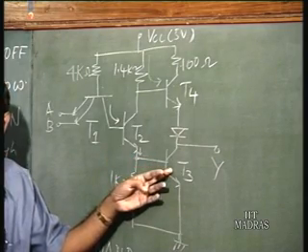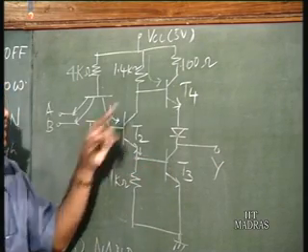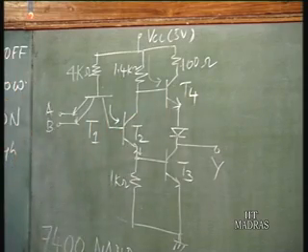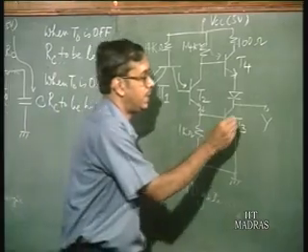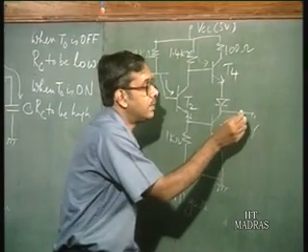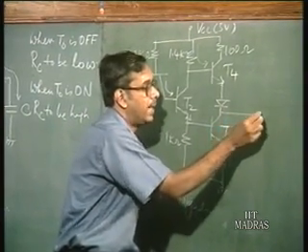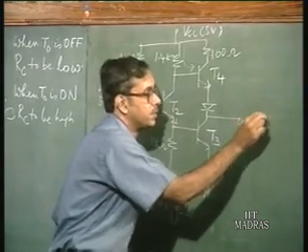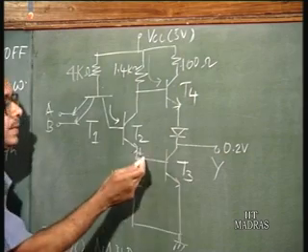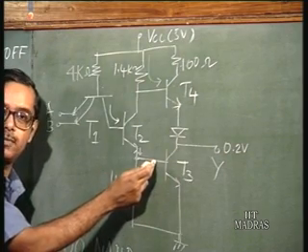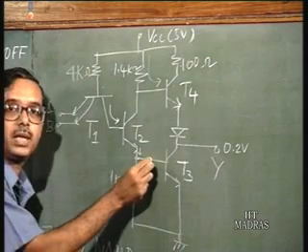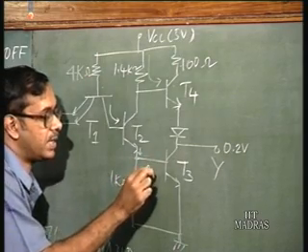What happens to T2? What happens to T4? That is what we have to see now. Suppose T3 goes to saturation. Then what is the voltage at the output? Low, say 0.2 volts. And the voltage at the base of transistor T3, suppose we assume this to be around 0.75 volts.